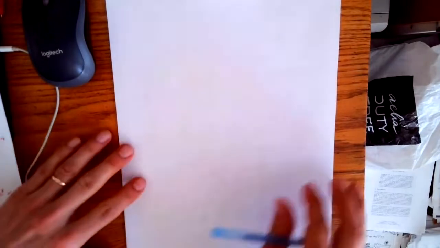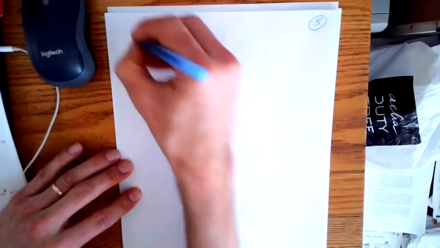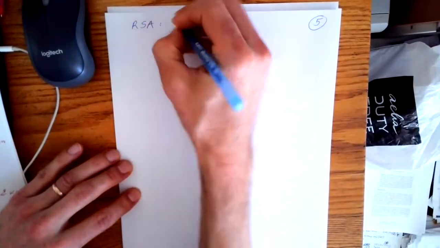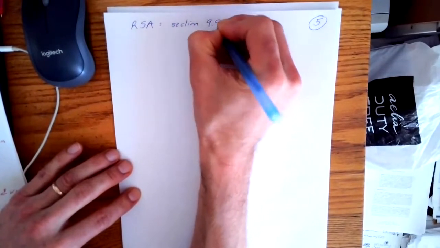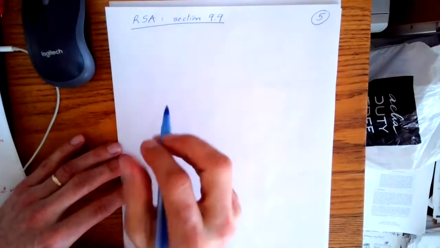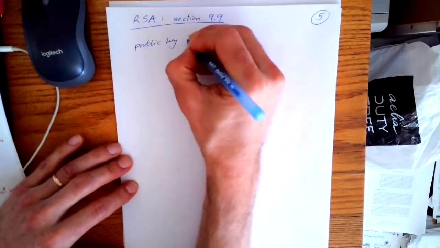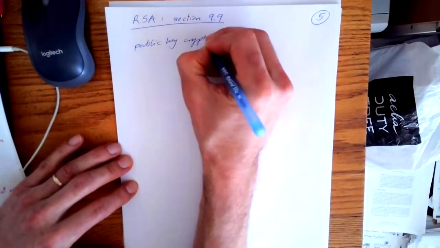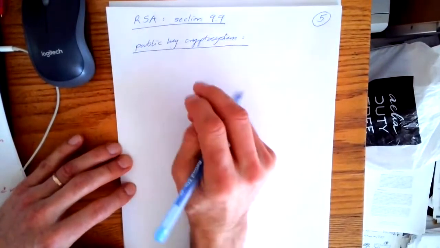Okay. So, all right, let's move to RSA. RSA, it's section 9.9. RSA is an example of a public key crypto system, and a public key crypto system has one more complication, or two.